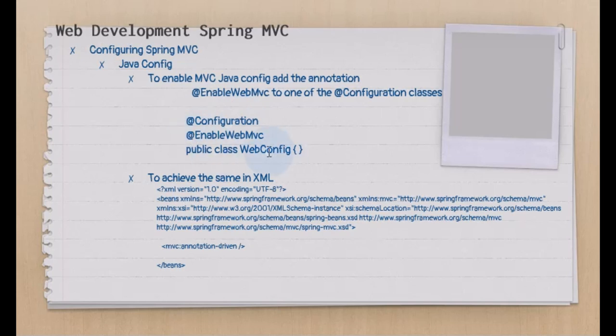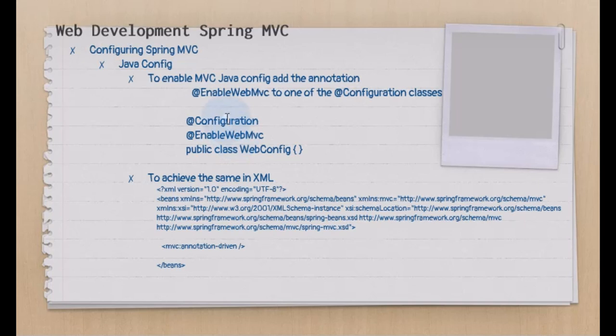This particular Java class named WebConfig is a replacement of the bean definition XML files. This means that this Java class contains bean definitions. Again, I am reiterating, this class, public class WebConfig, with the annotation @Configuration and the annotation @EnableWebMvc, is all that is required for your MVC application to work.